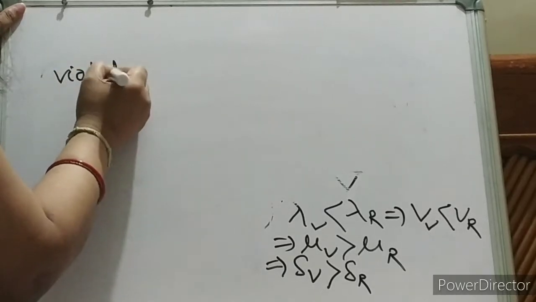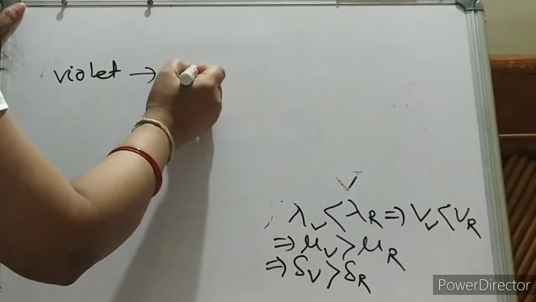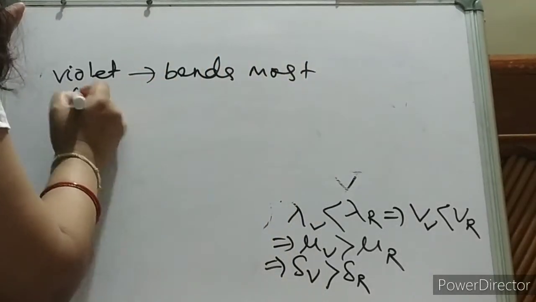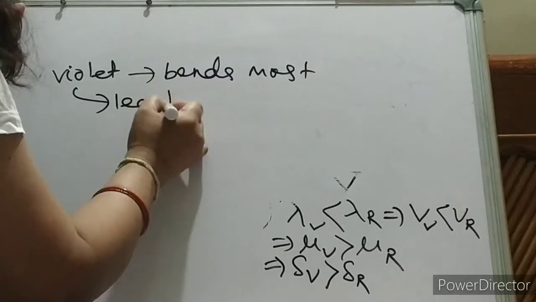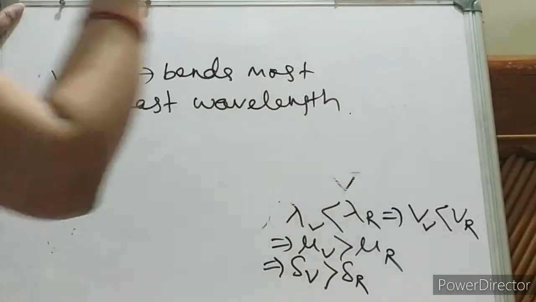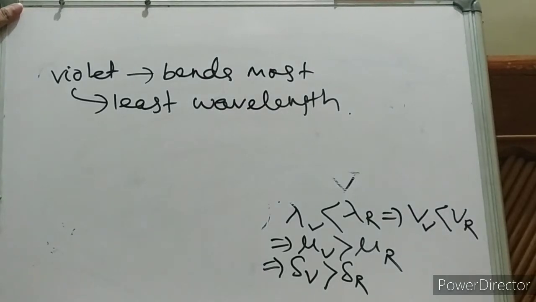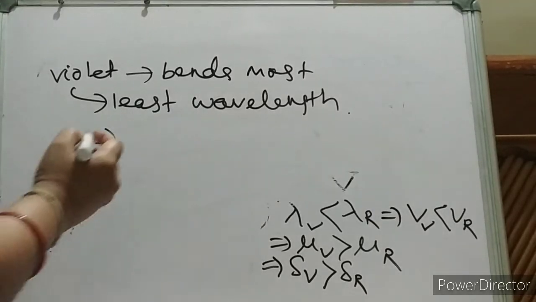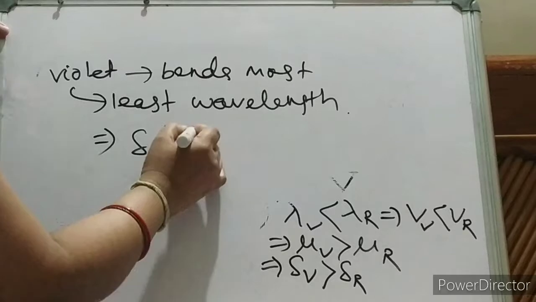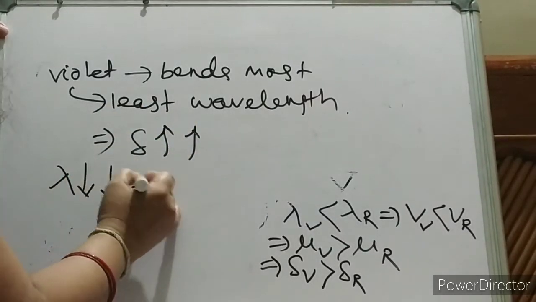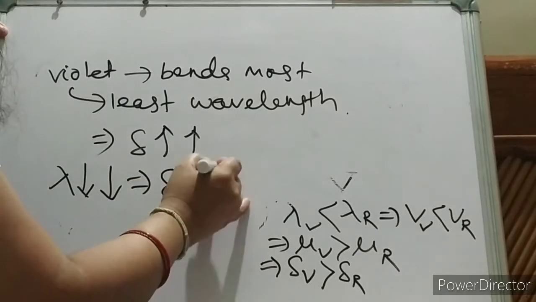Violet light bends most, more deviation, but it has got the least wavelength. So your deviation increases for violet light. That means if lambda decreases, your deviation increases.